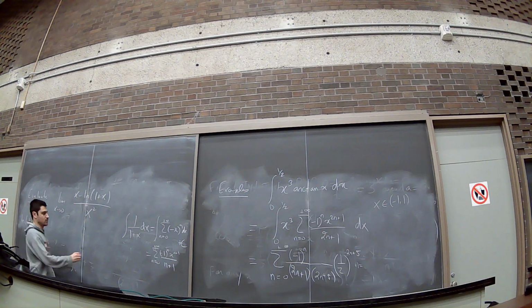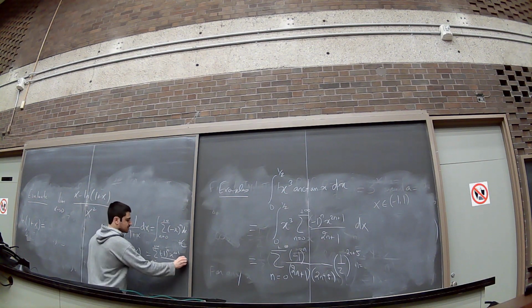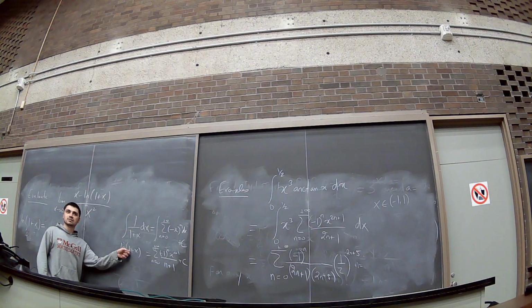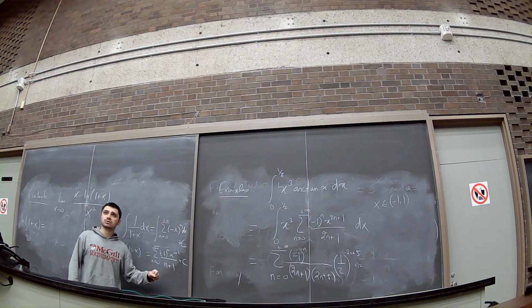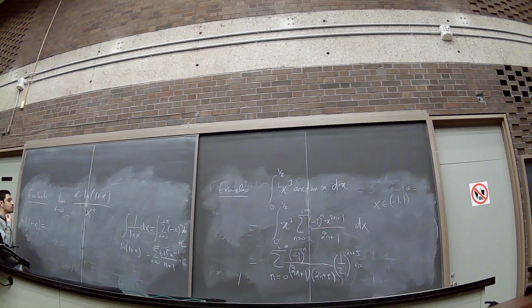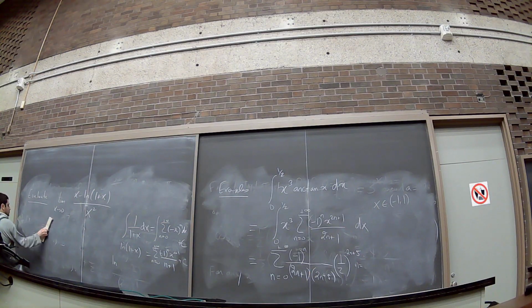Now this is ln(1 plus x), and I have a constant c here. How do I find the value of c? What number could I plug in? 0. ln(1 plus 0) is ln 1, which is 0. 0 plus c, so c is equal to 0. Okay? Very good. So let's write it here: ln(1 plus x).